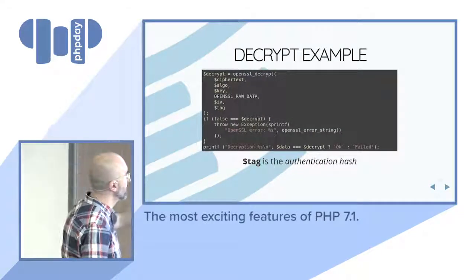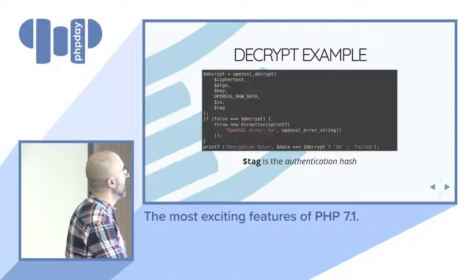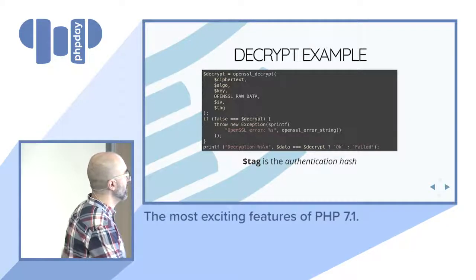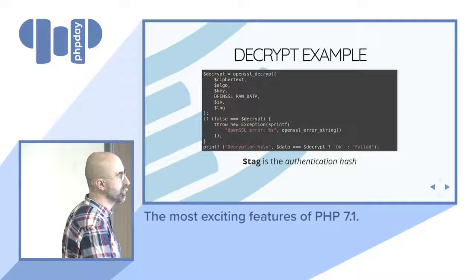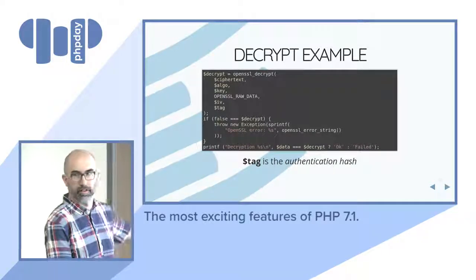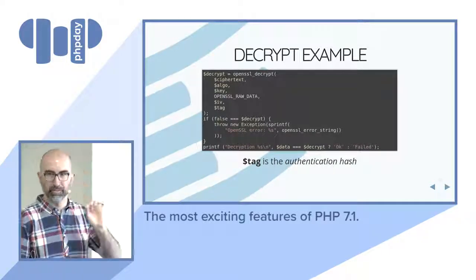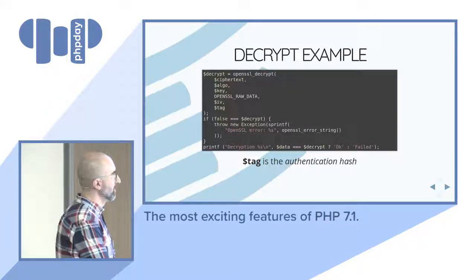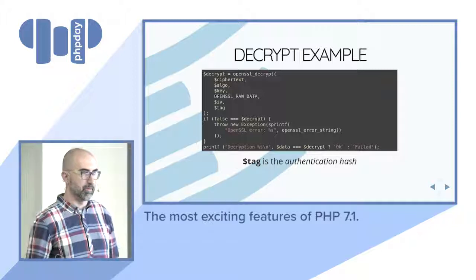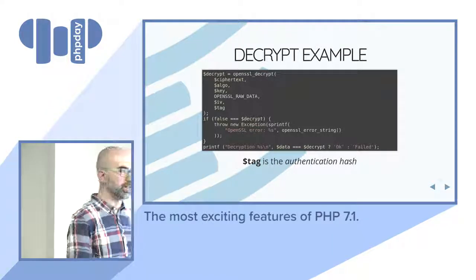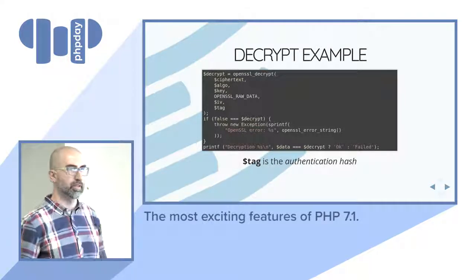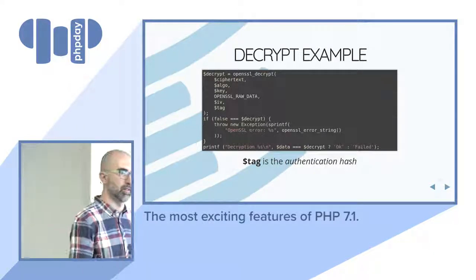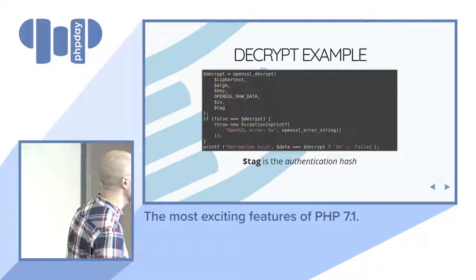Of course, you can do the decrypt, and you can get the error if the response of the decrypt is false. And here I did it the right way. I put false identical to decrypt. That means something wrong happened inside, so you can introspect the OpenSSL error string to get information about what the error was, the authentication error, or something else.